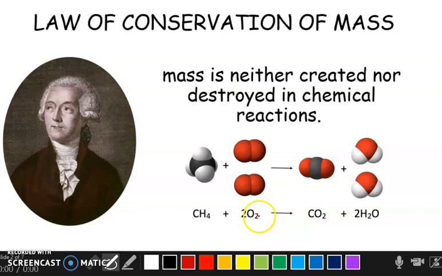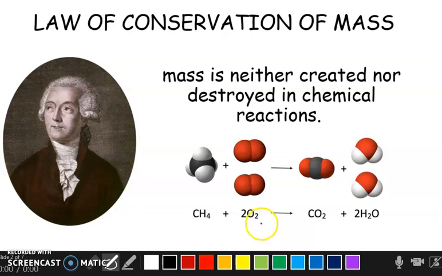For example, if he made carbon and oxygen interact, he would measure the amount of carbon and the amount of oxygen that he has. After the reaction, you will have carbon monoxide and carbon dioxide. However, the total mass is still going to be the same. And that's why the law of conservation of mass was developed.